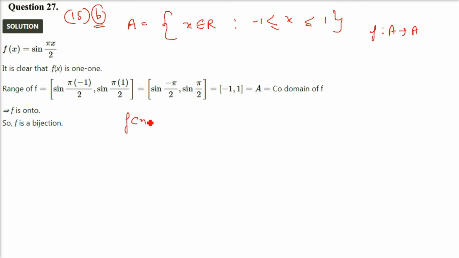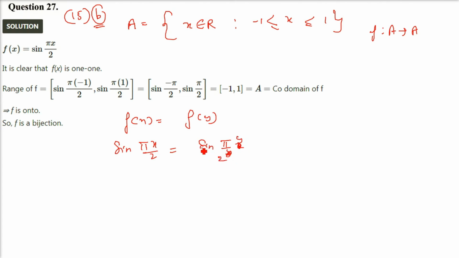So f(x) equals f(y), so this will be sine pi x by 2 equals sine pi y by 2. I'm not discussing a or c; this we have already done. Mod x we have already done. And sine pi x by 4, you can have a similar discussion.